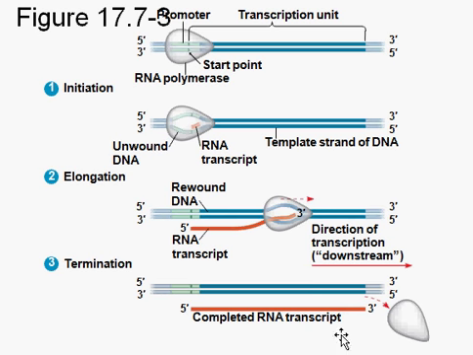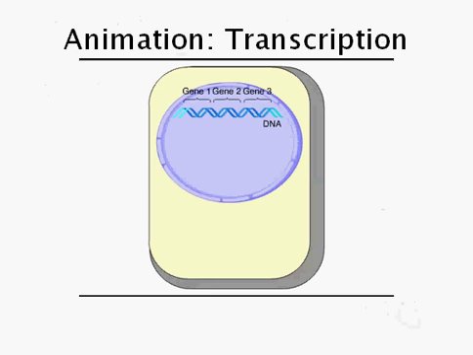We're calling this an RNA transcript at this point for a specific reason that we're going to look at in just a bit. Here's a short animation to show you these different steps and summarize them.